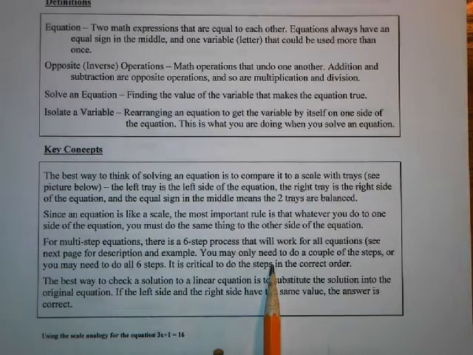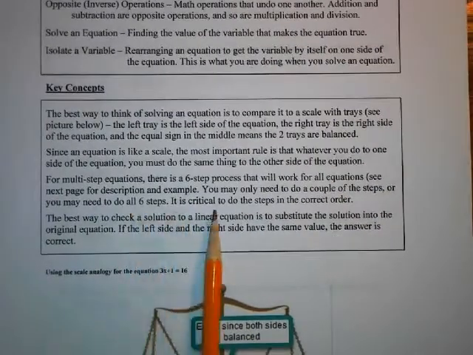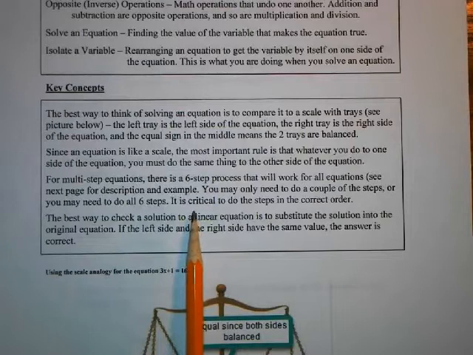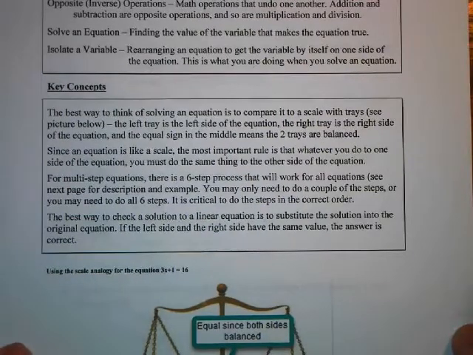But the 6 steps will take care of the most complicated looking equations that you could be given. And again, just like we talked about in the last lesson, once you get your solution, the value of x that makes the equation true, you can check if it's correct by plugging it back into the equation and seeing if the two sides are still equal.